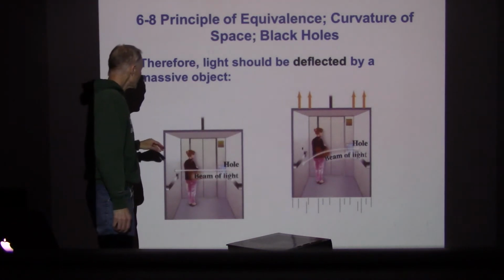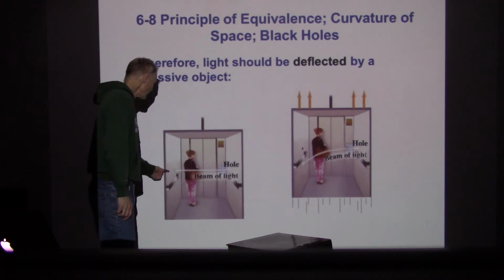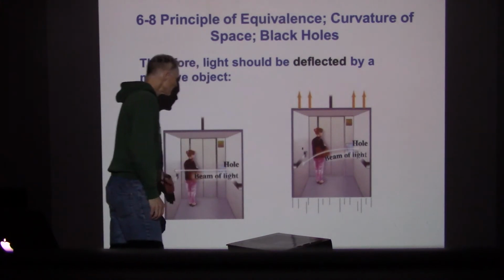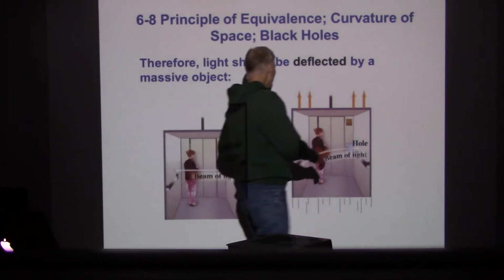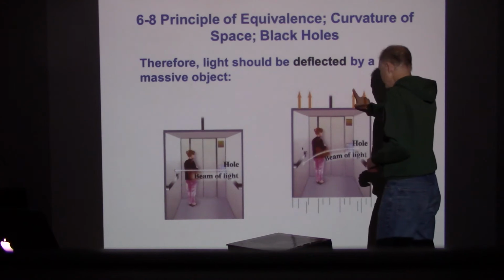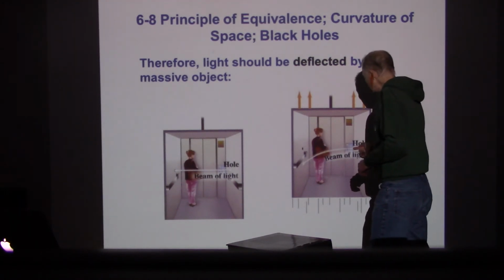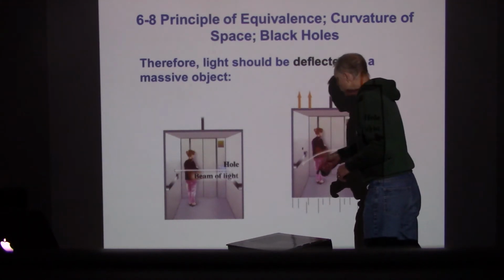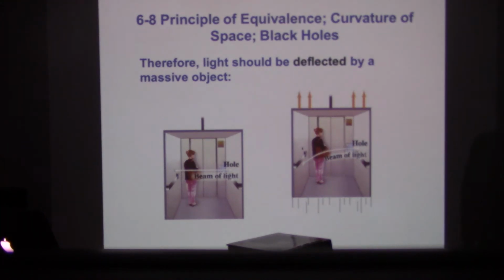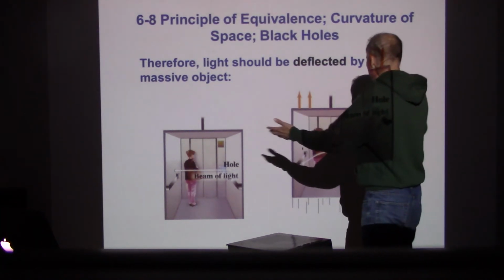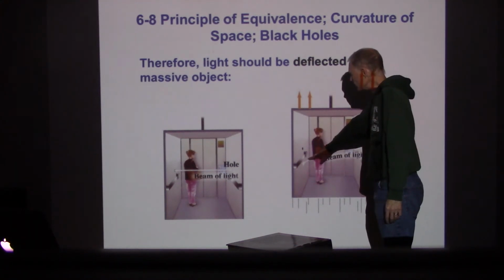Einstein said, well look, if I had an elevator that was not accelerating, and we shine light from one side to the other, it will follow a straight path. Now, if the elevator is accelerating, then the beam of light coming in would curve, or it would appear to curve from within the elevator. So again, if the person's in the elevator, how do they know if they're accelerating? Well, they could look at a beam of light.